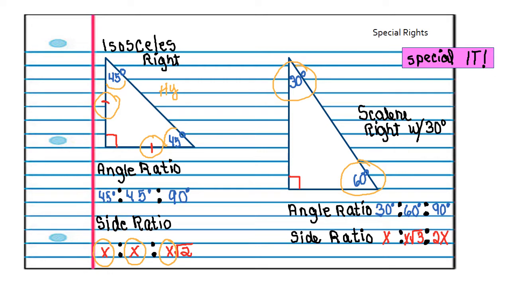And the side ratios are x, x times the square root of 3, and 2 times x for the hypotenuse. So the way this goes is small leg, because it's across from the 30, medium leg, because it's across from the 60, and then the hypotenuse.